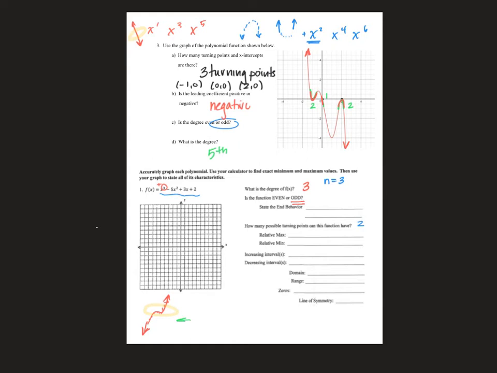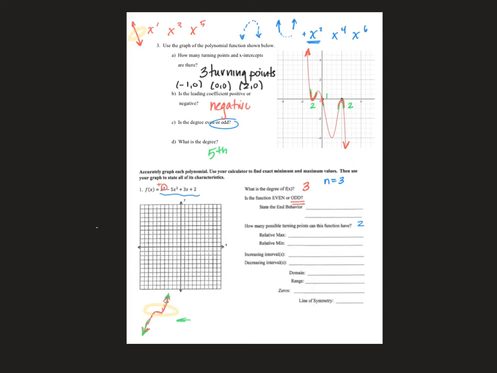Because I know if it's a positive, it's a cubic, correct? The largest exponent is x cubed. It is going to be increasing starting in that third quadrant. And whatever it looks like in the middle, not sure yet, but it's going to be heading up forever in that right direction, in that first quadrant.